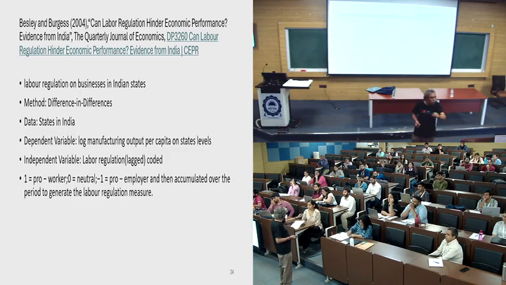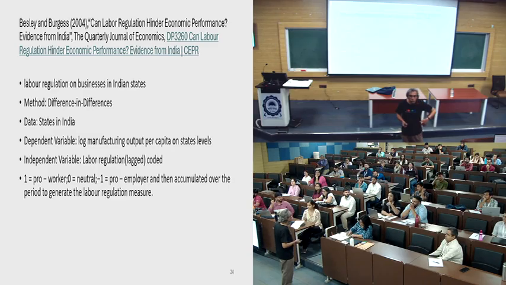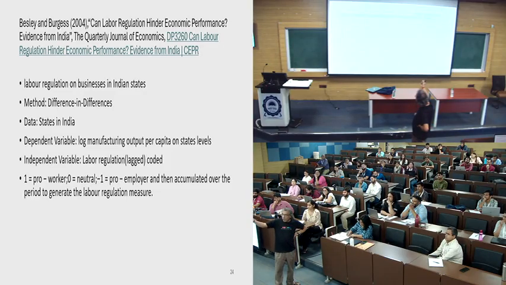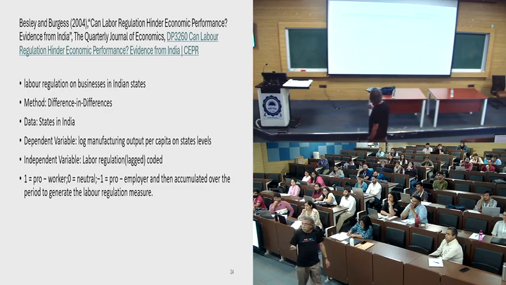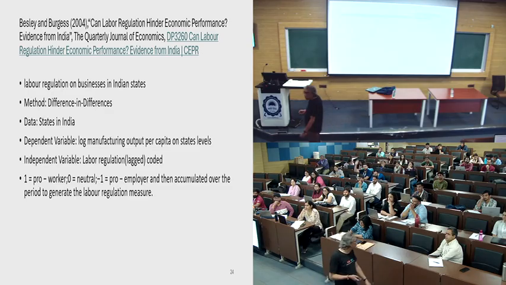So three groups, three different trends we can assume. Yes. Labor regulation was also introduced in different years. Whatever changes happened during their sample period, they created the labor regulation measure, keeping that dummy as 1 for pro worker, 0, and then -1 as pro employer.